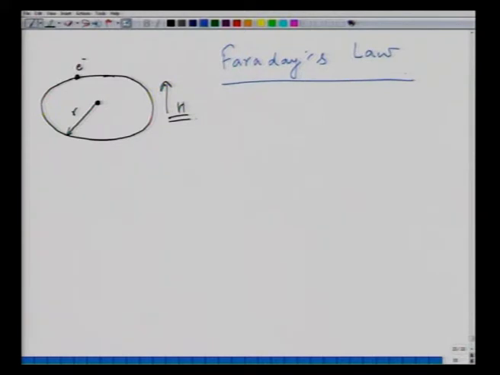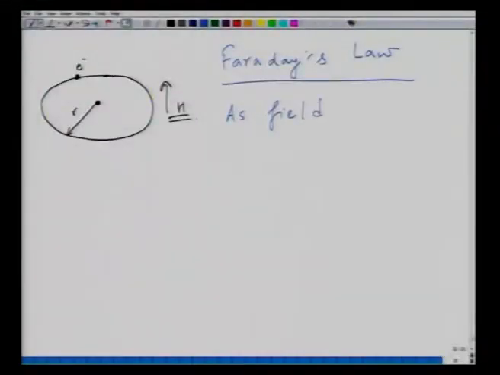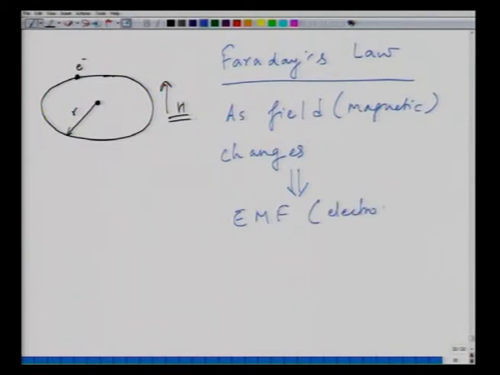Faraday's law says that as the applied magnetic field changes, this change in the magnetic field gives rise to what is called an EMF, or electromotive force, or simply let us say an electric field.